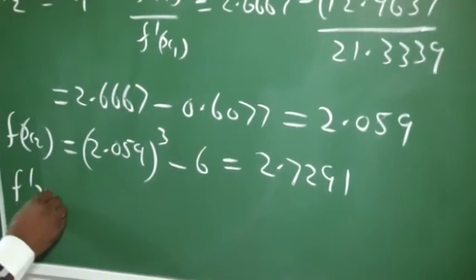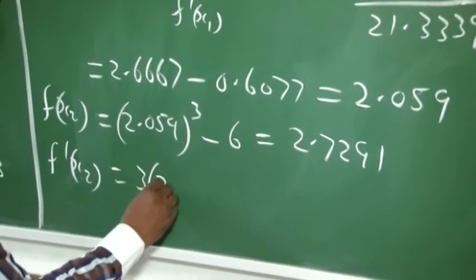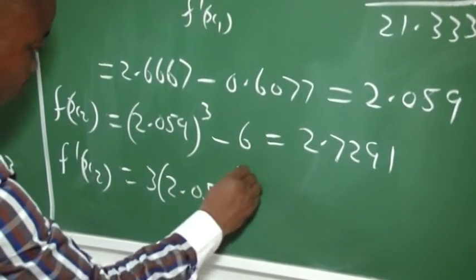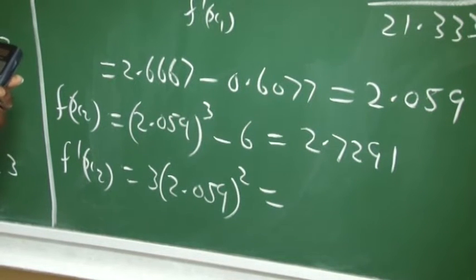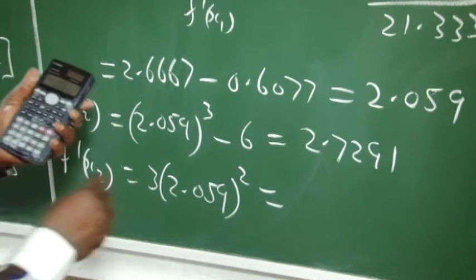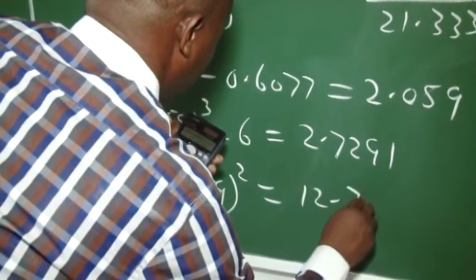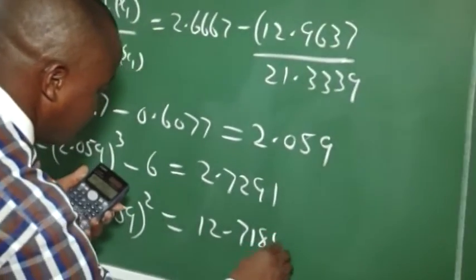F prime of x2 is 3 times 2.059 squared, which gives us 12.7184.